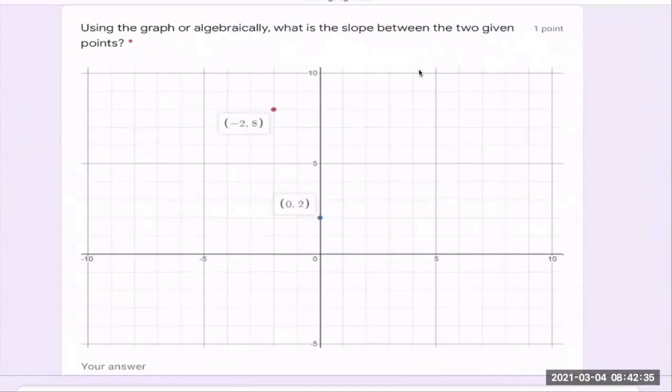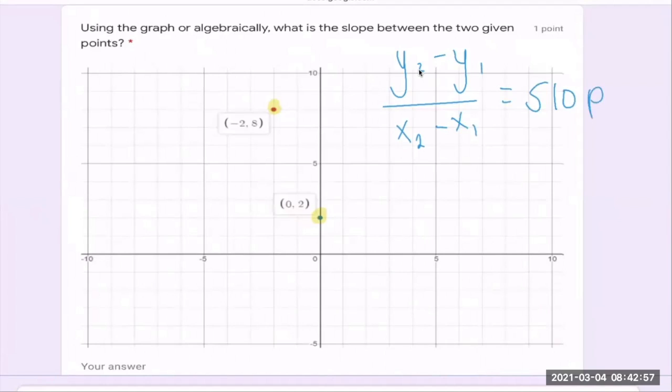Next is using the graph or algebraically, what is the slope between the two given points? So they give us these 2 points here. The algebraic method is when we do y2 minus y1 all over x2 minus x1, and that equals your slope. You do need to simplify your answer.